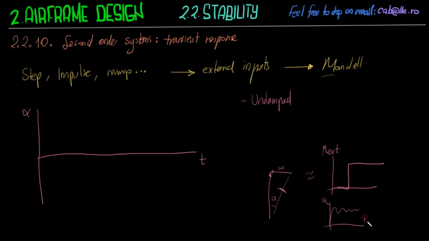This is alpha, this is time, and the rocket will never stabilize at alpha 0. This would happen if a crosswind could be modeled as a step torque. But it certainly can't, because having a crosswind won't mean that your rocket will stabilize flying at a certain angle of attack. It's not going to fly like this all the time. Of course it isn't. It's going to try to minimize the angle of attack and get it to 0.